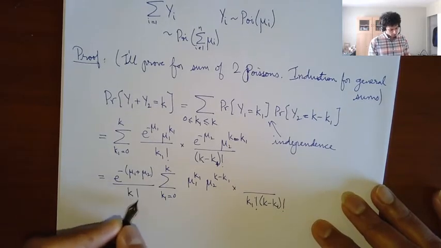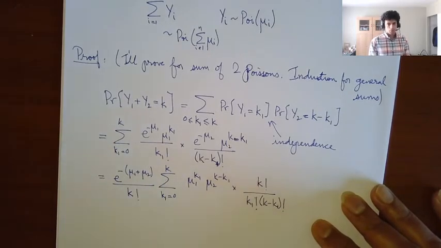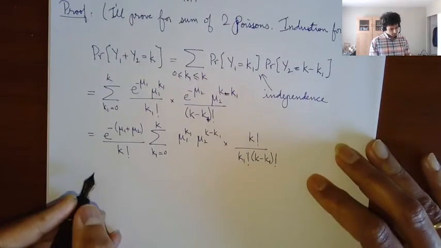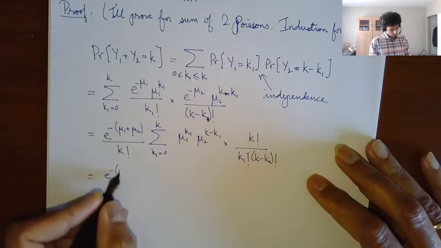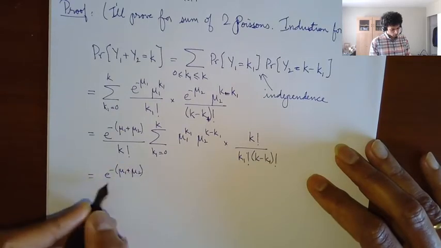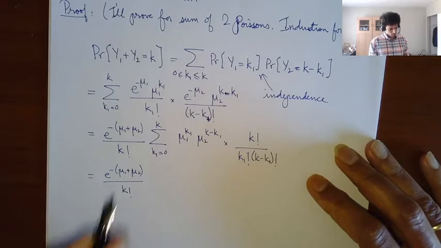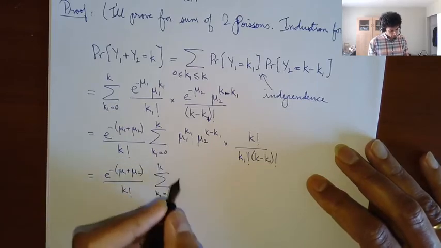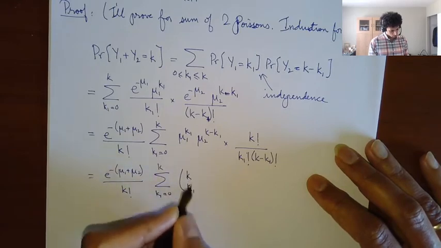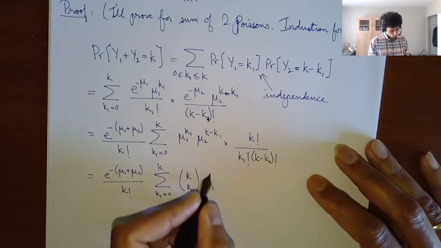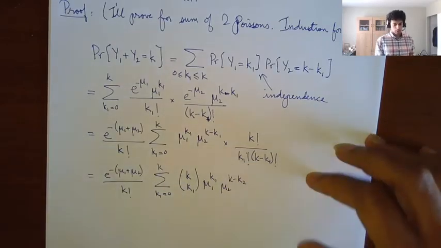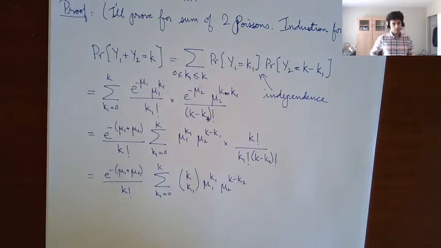I'm just going to divide by k factorial here, and plug in the k factorial here, and what I get is a binomial coefficient. So I get e to the minus mu1 plus mu2 divided by k factorial, the sum of k1 going from 0 to k of k choose k1, mu1 to the k1, mu2 to the k minus k1. And you see that this is exactly the expansion of mu1 plus mu2 to the power k.